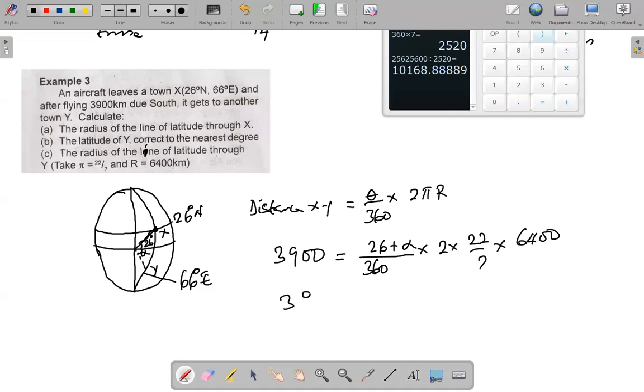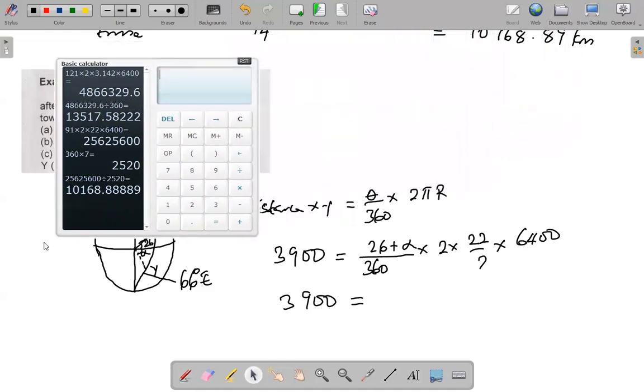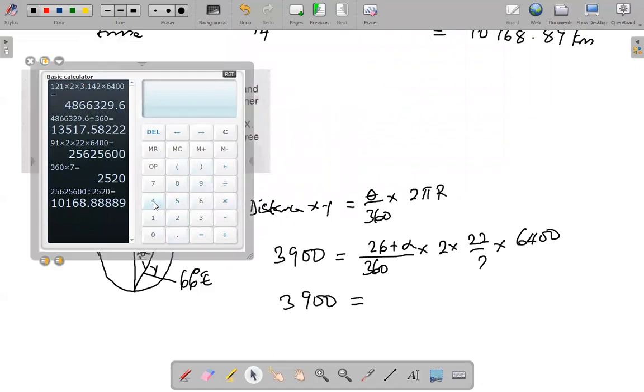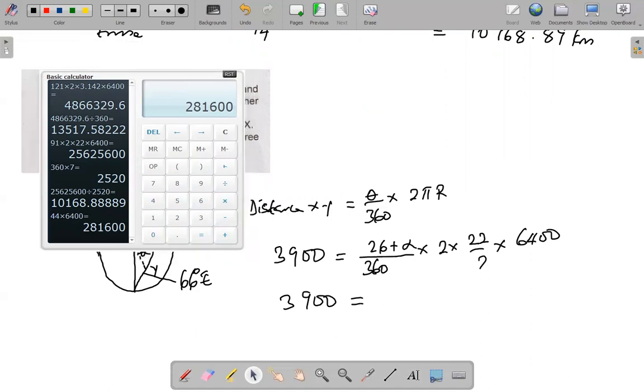So 3,900 is equal to 2 times 22, which is 44, times 6,400, which is 281,600, multiplied by 26 plus alpha, all over 360 times 7.